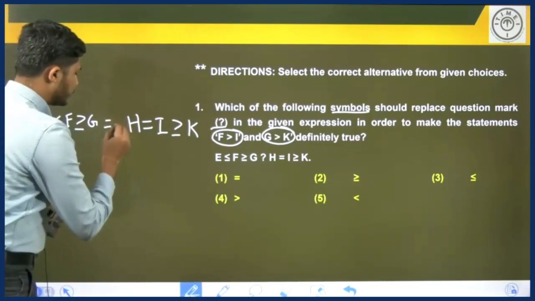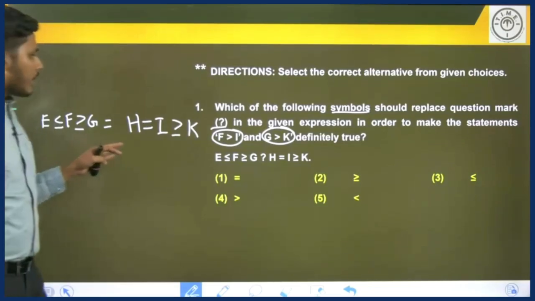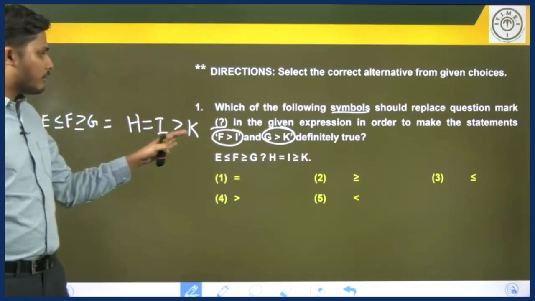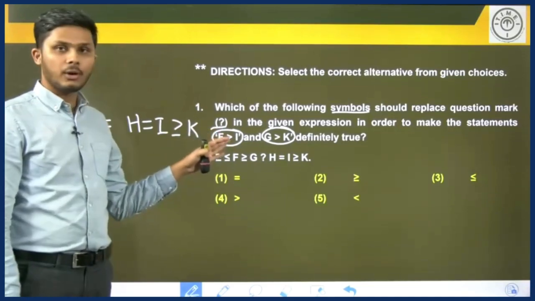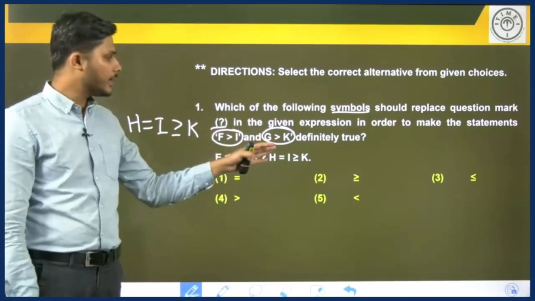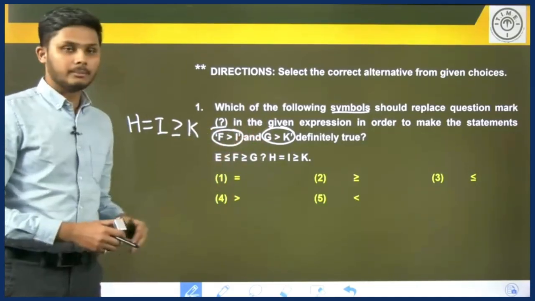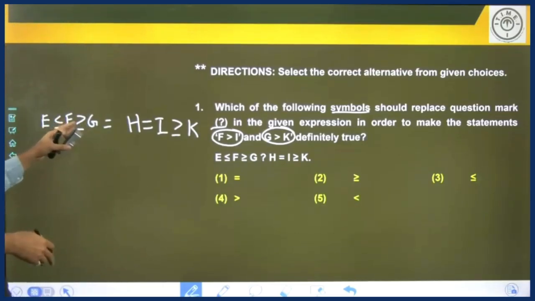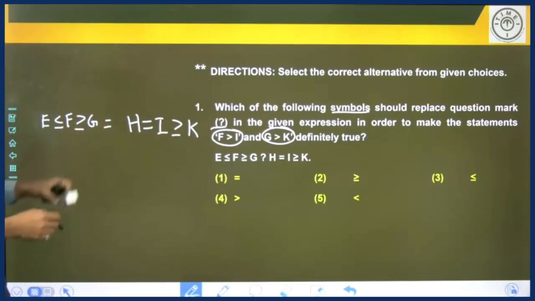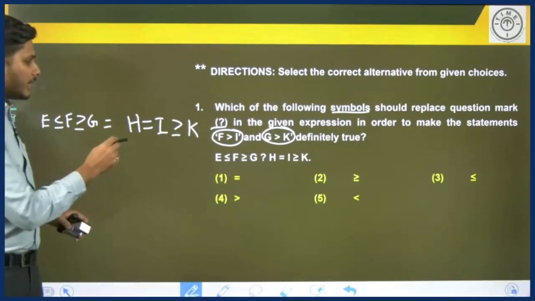g equal to h. So let's first find out the relation between f and i. Here you can see g equals h and h equals i.